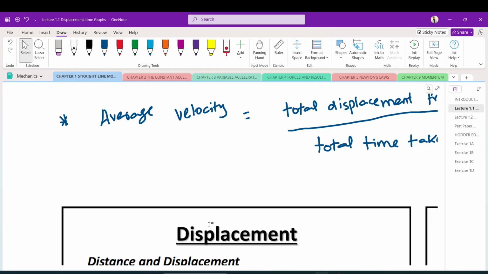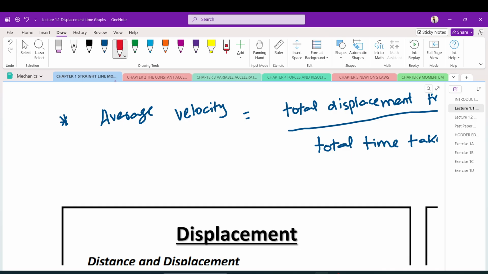Now, the first and foremost concept that we must understand is the difference between displacement and distance. There are two things that I'm going to tell you, and hopefully you will not be confused after that. Distance is basically how much ground you have covered in total. It doesn't matter where I'm moving; maybe I might come back to the point where I started from.